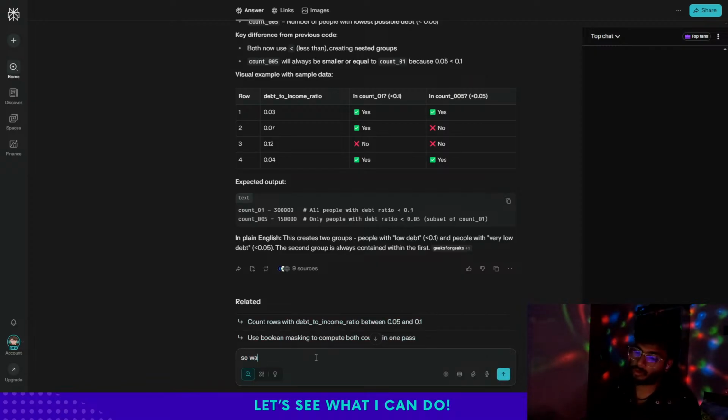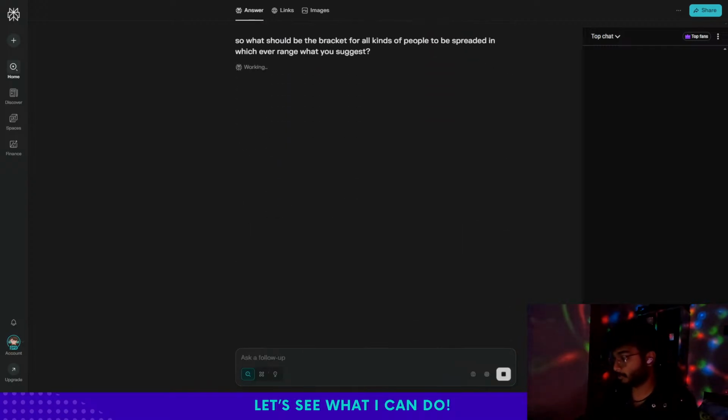So, what should be the bracket for the kinds of people to be in which range? What do you suggest? It can be suggesting anything.